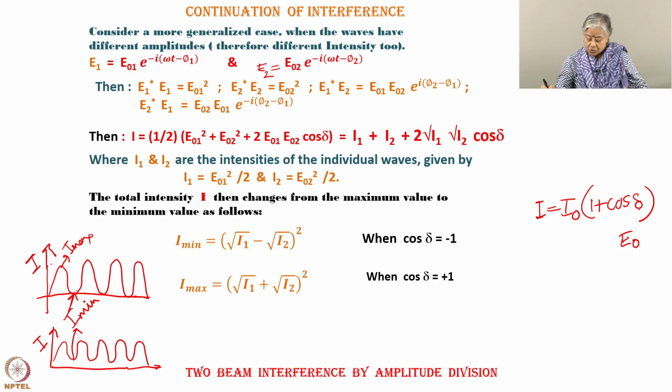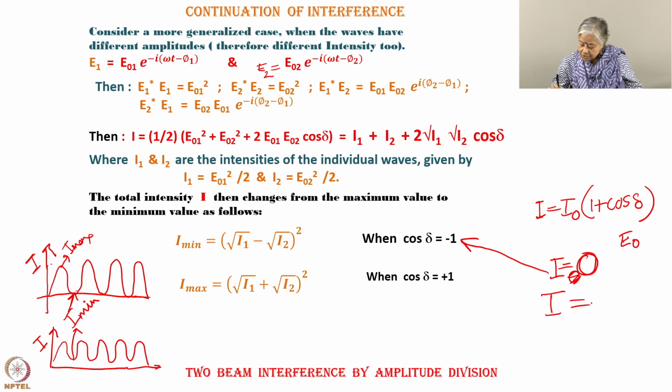Now suppose you put the value of cos delta equal to -1 here, then this intensity would become 0, not I0. But when cos delta is equal to +1, then I would become 1 and 1, 2I0.